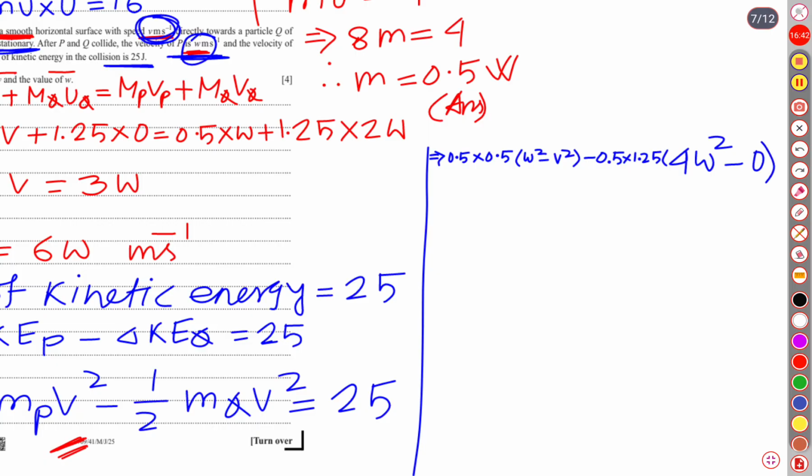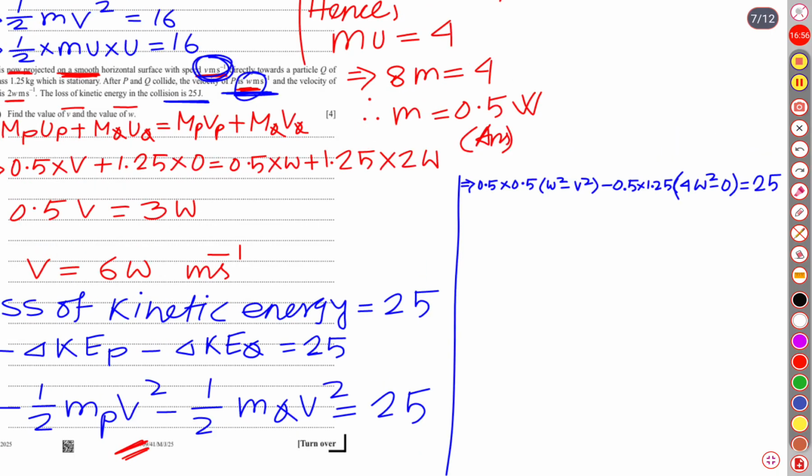So remember, for loss of kinetic energy, our concept is final velocity minus initial velocity, and our right side is 25 here. Now if we continue our solution, if we multiply 0.5 into 0.5, it is going to be 0.25.